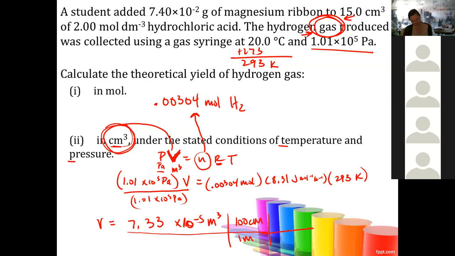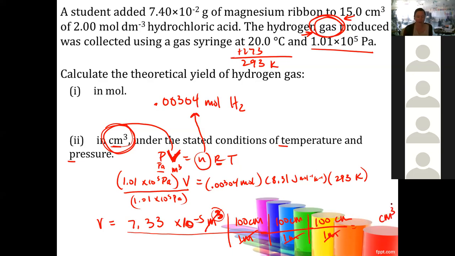But can you guys see that through the colors? Good. So I have 100 centimeters per meter, but I have meters cubed. So I have to do that 3 times to cancel out 1, 2, 3, 1, 2, 3, which is going to give us centimeters times centimeters times centimeters, centimeters cubed.